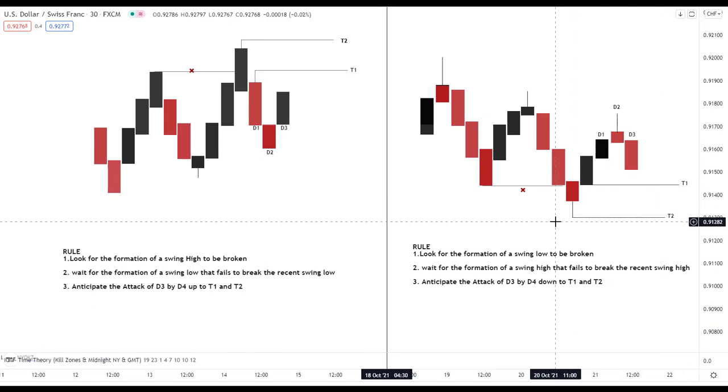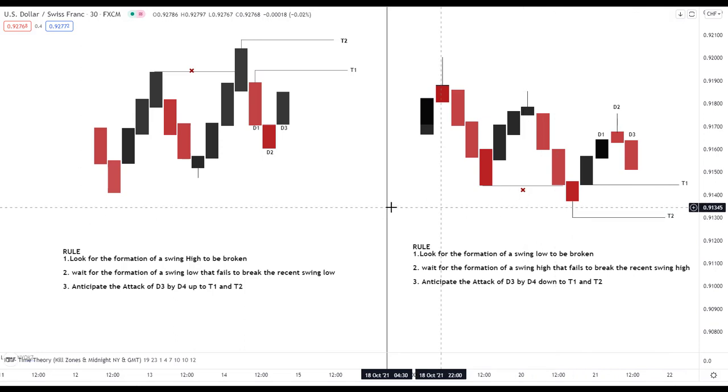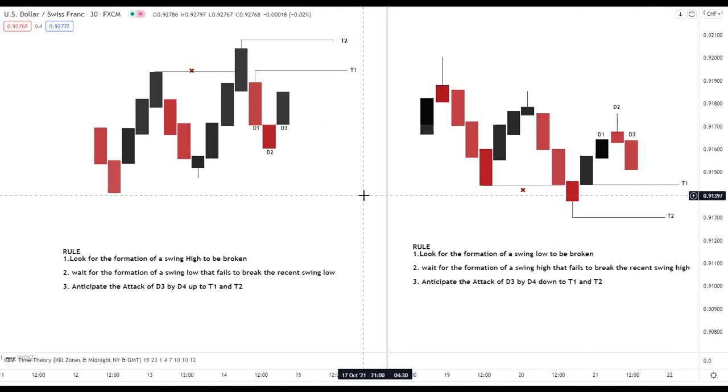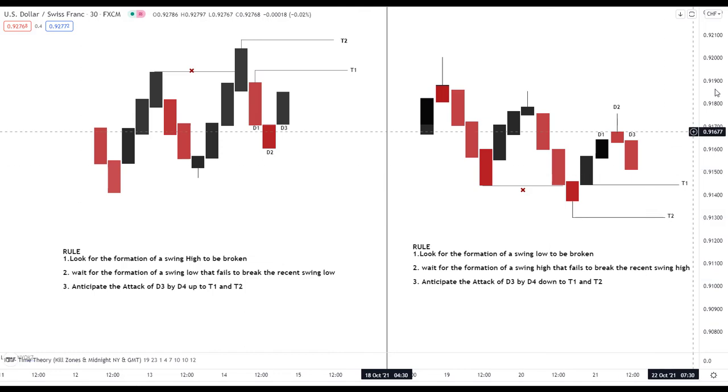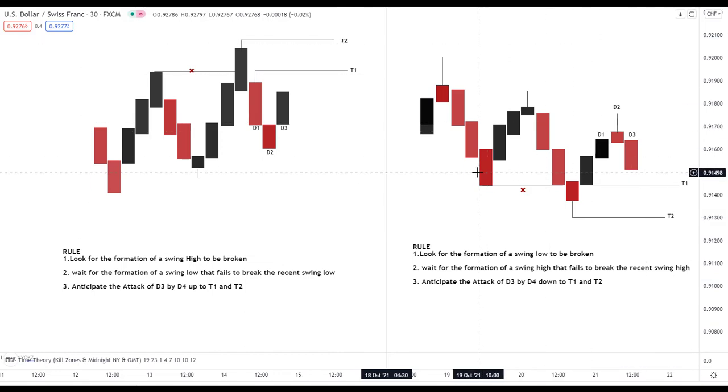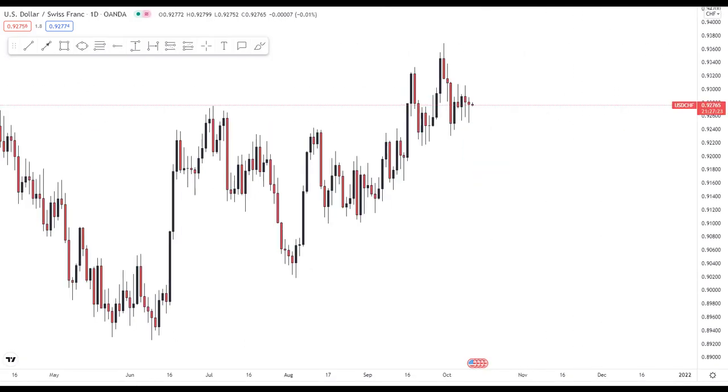Now, having established that, I will now go to examples. Coming back to the examples, like I promised, if you look carefully, you would find lots of examples right here on the dollar Swissy.